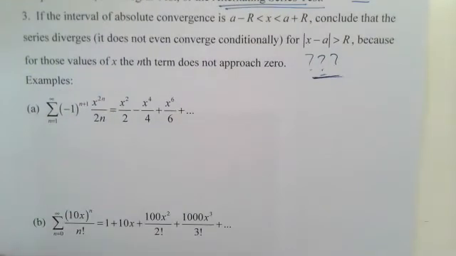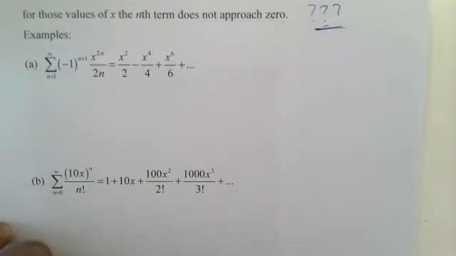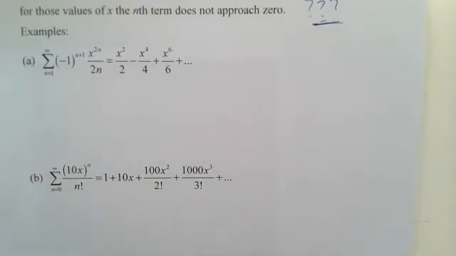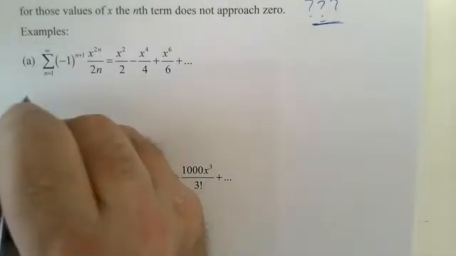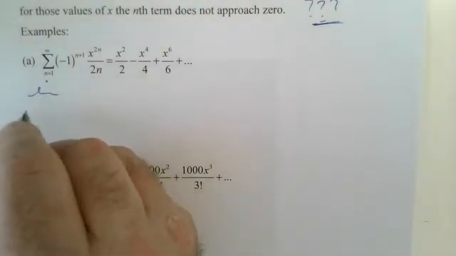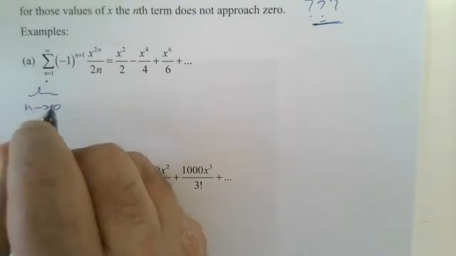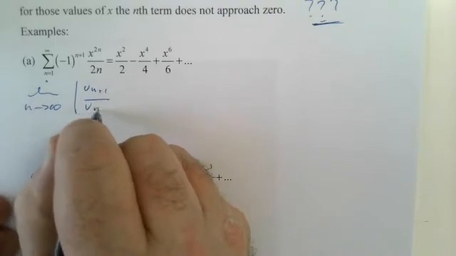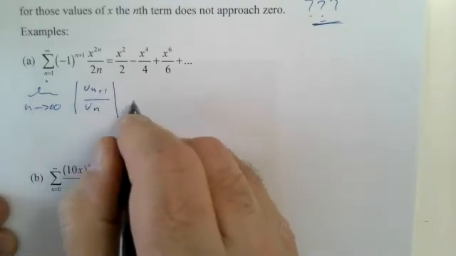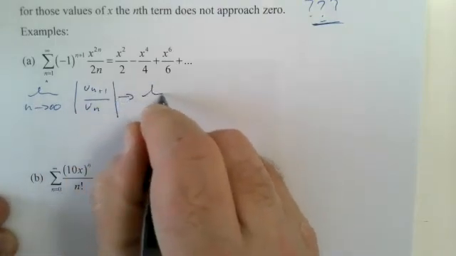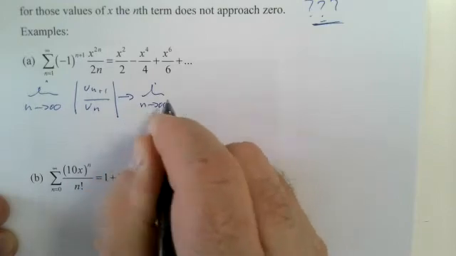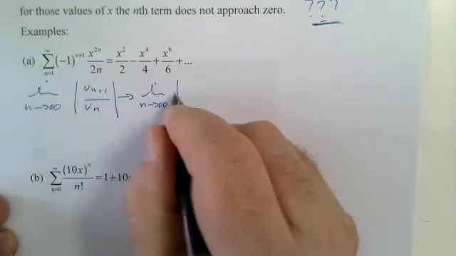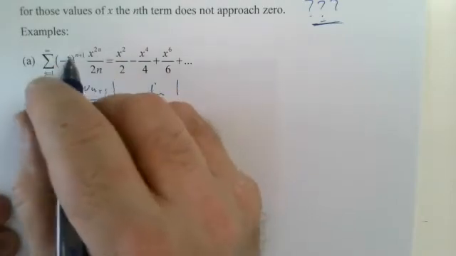Okay, then. So here we go. This is the big all-put-together for the unit. We're going to do a ratio test. Limit, and notice this is why we put those absolute values on now, as n goes to infinity, u of n plus 1 over u of n. This is the ratio test. All right, here's the term.